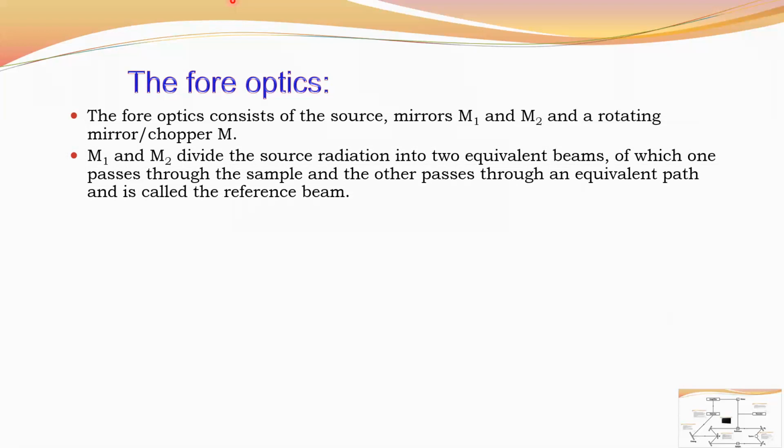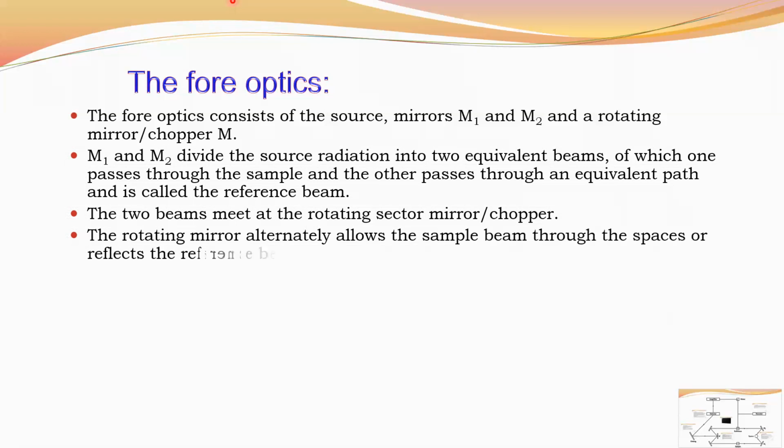The mirrors M1 and M2 divide the source radiation into two equivalent beams, of which one passes through the sample and the other passes through the reference. Then after passing through the sample and reference, the two beams meet at the rotating mirror or the chopper.